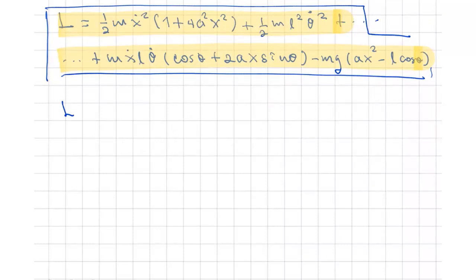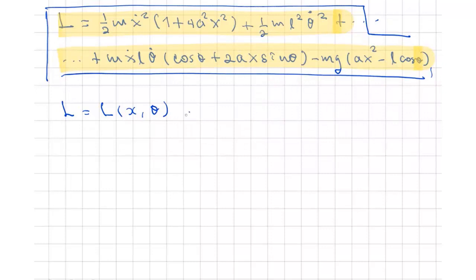In this case, the generalized coordinates are x and theta. These are the generalized coordinates for this problem. All right, guys.